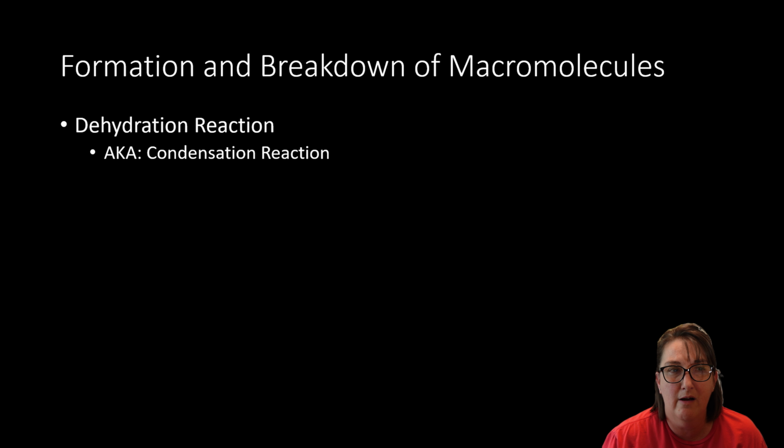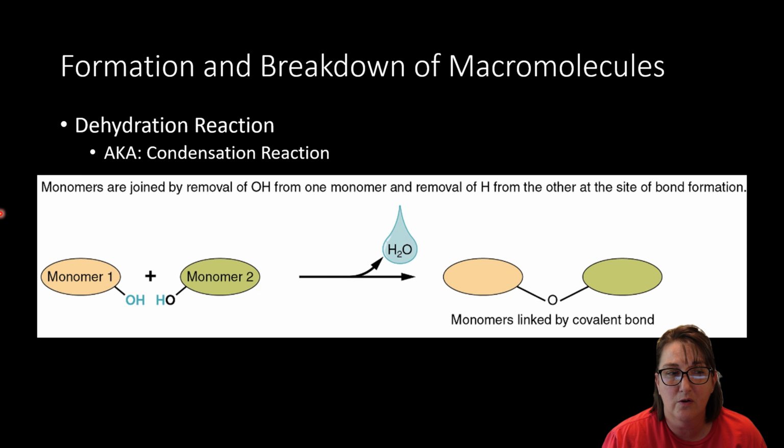I can break them down and form them with water. In a dehydration reaction, if something is being dehydrated, water is taken out. These monosaccharides are sitting there and they want to get bonded together. Water will be pulled out. An OH from one and an H from the other get pulled together and make water.